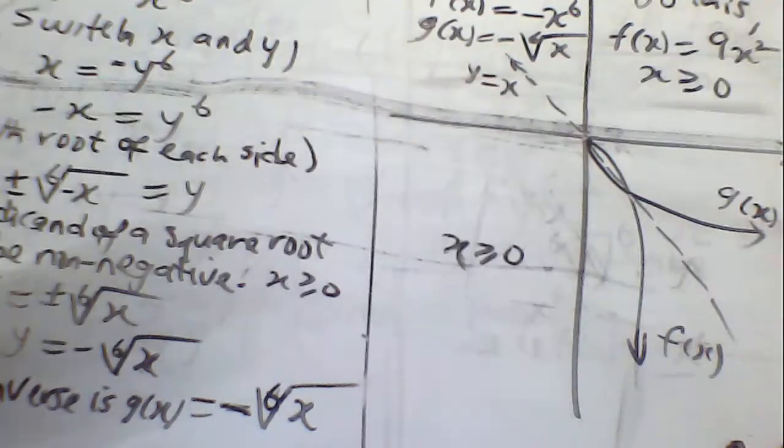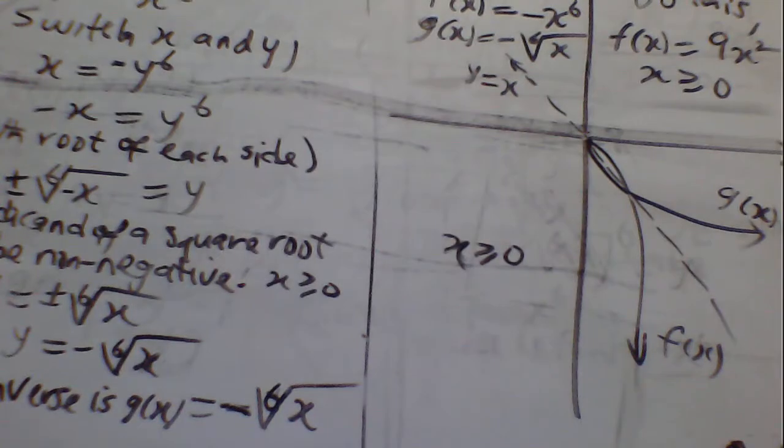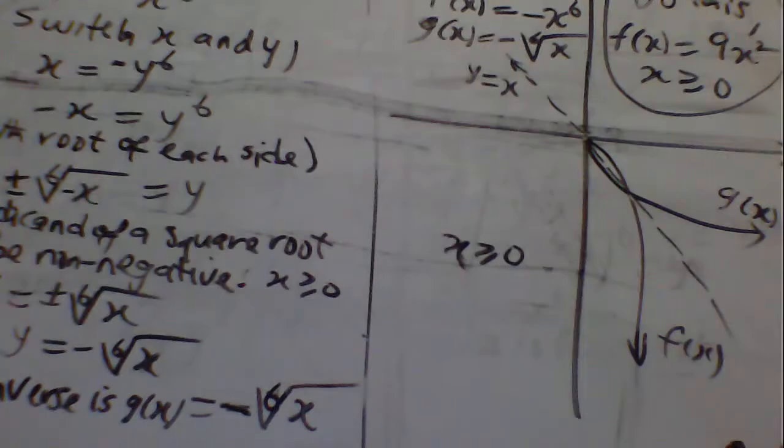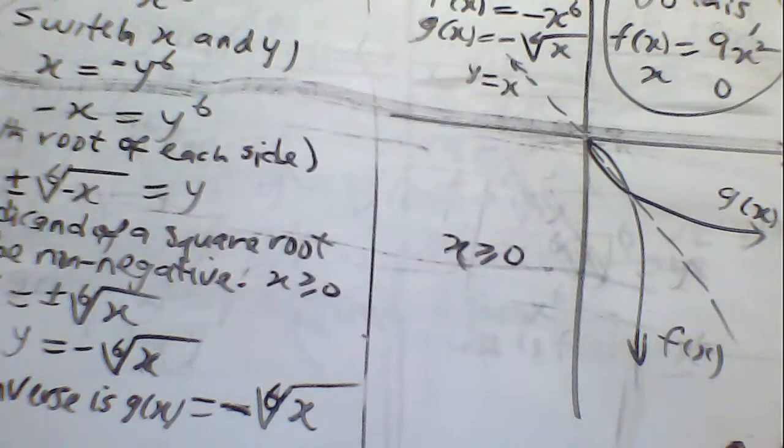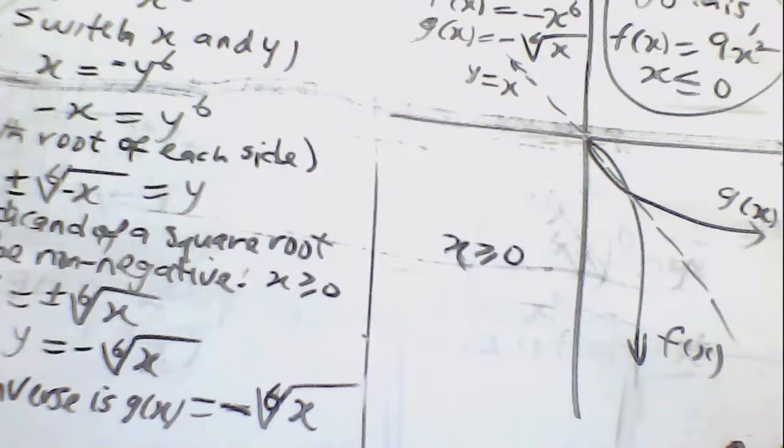F of x equals 9x squared, x greater than or equal to 0. So do this one. F of x equals 9x squared. Since we have done greater than, then try this one, less than or equal to 0.